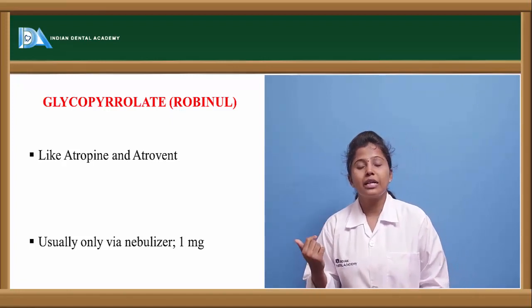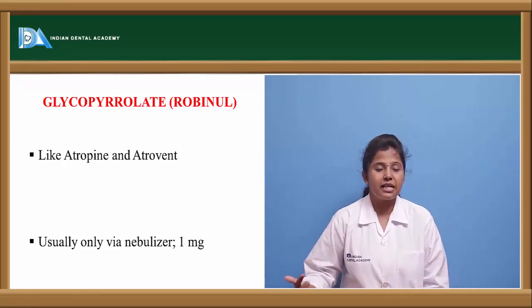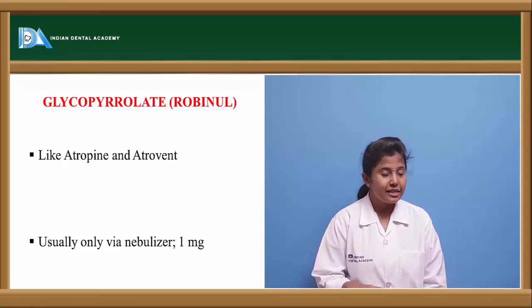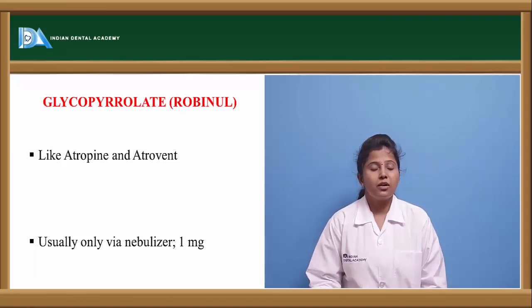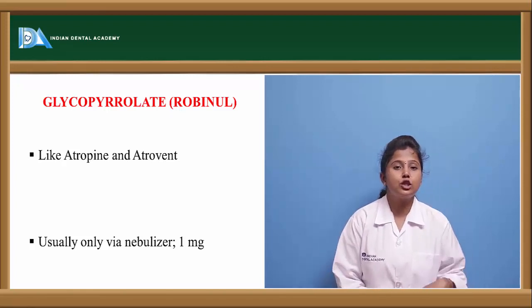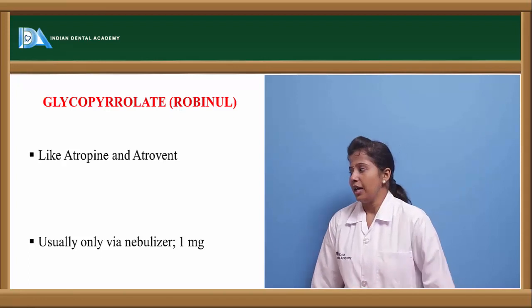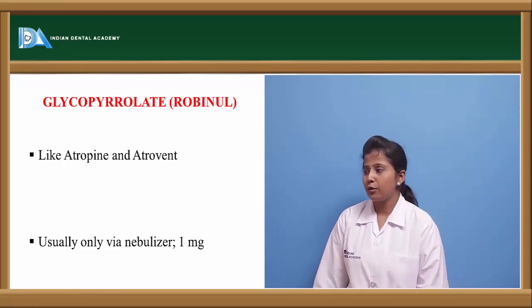As we discussed, antimuscarinic drugs decrease gastrointestinal secretions, so glycopyrrolate reduces gastric acid secretion, and thereby shows an antacid effect. It is also formulated as a nebulizer at the dose of 1 mg.